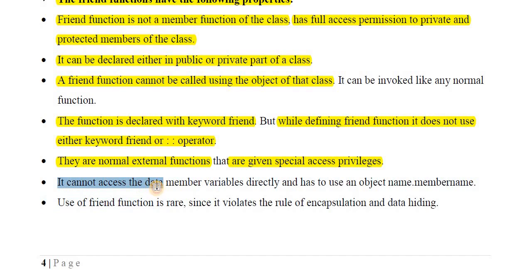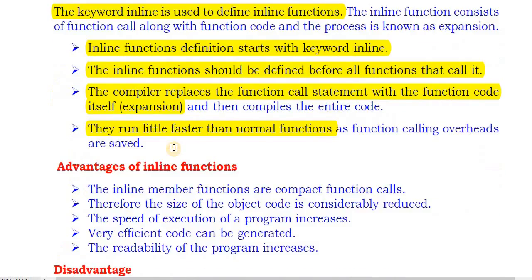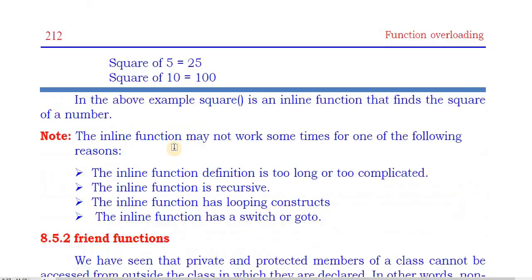It cannot access the data member variable directly and has to use an object name, dot, member name. But using the friend function violates the rule of data encapsulation. In the exam you have to write any 4 characteristics. It is clearly given in the book also.